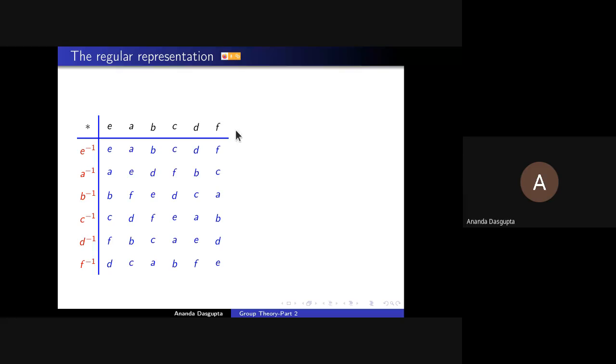Last 2 rows only, not the last 2 columns, because columns are still being labeled by E, A, B, C, D, F. But the general rule is you just write down the multiplication table with the group elements labeling the columns and the inverses of the elements, in that order, labeling the rows.